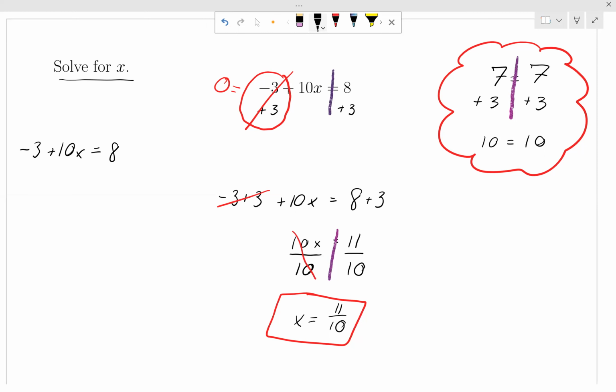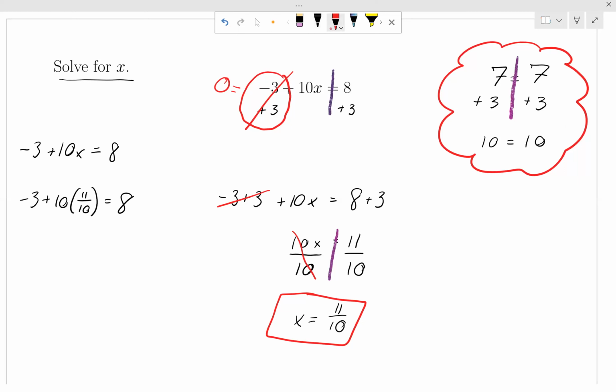So I'm going to plug in 11 over 10 for my x. In the earlier problems, it would say evaluate this expression for x. I'm going to do the same thing, but I'm going to just check my work to make sure that I get the same thing. So I get -3 plus 10 times 11 over 10 equals 8.